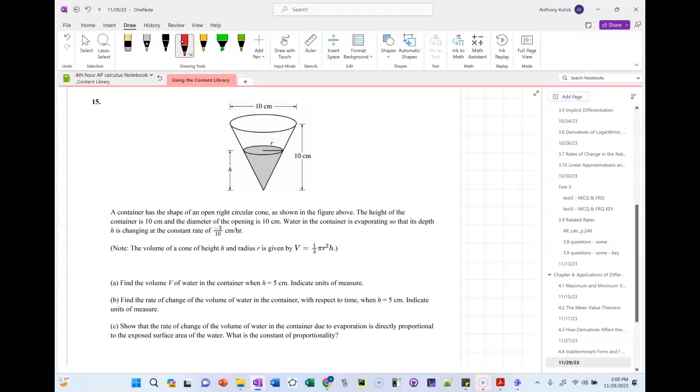Note the volume of a cone of height h and radius r is given by V equals 1/3 pi r squared h. Find the volume V of water in the container when h is equal to 5. Indicate units of measure.